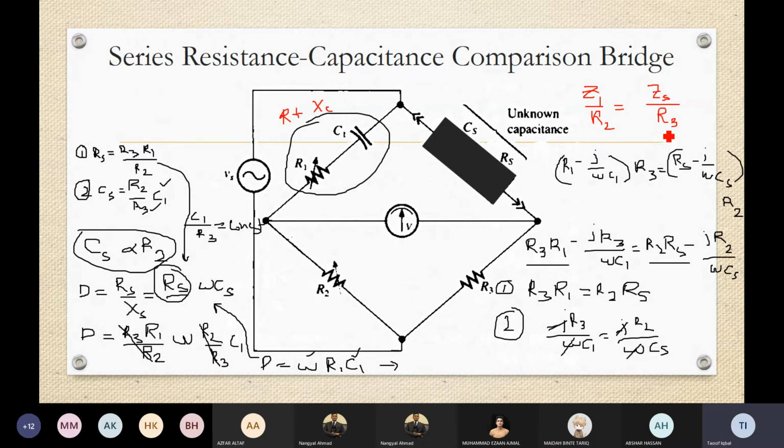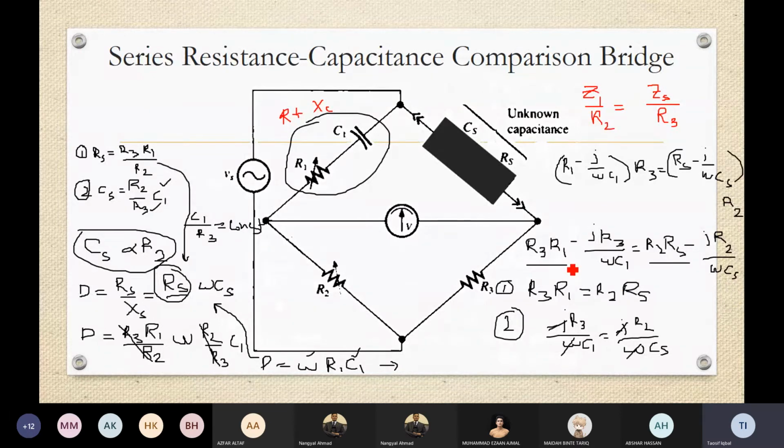Therefore, we can multiply it and get the relationship like this. Then after simplifying, we get R1 multiplied by R3 and R3 multiplied by j divided by omega C1. On the other side, we have R2 multiplied by Rs and minus j R2 divided by omega Cs.